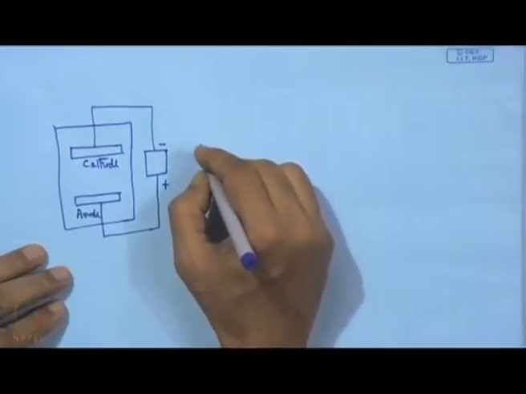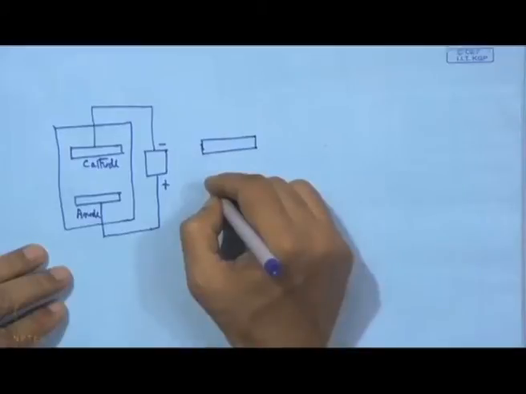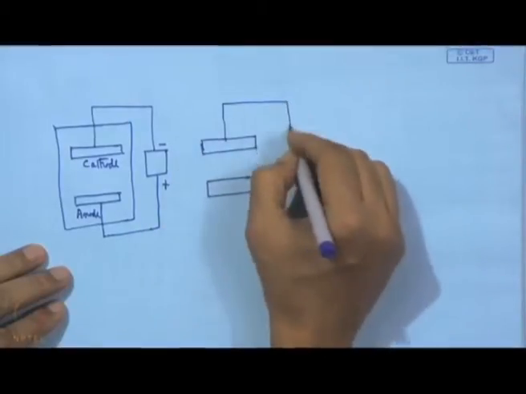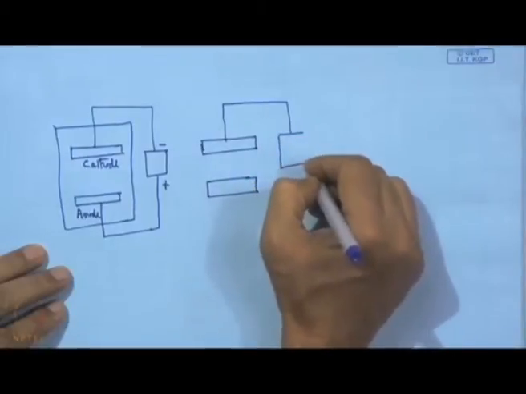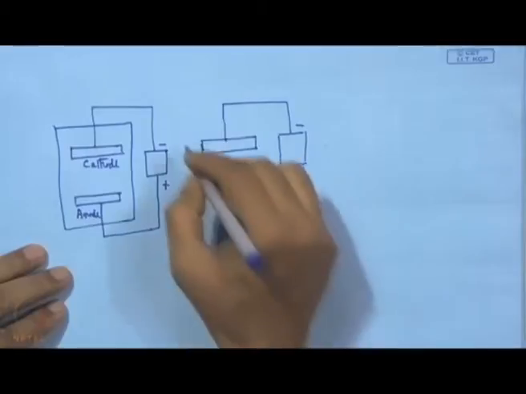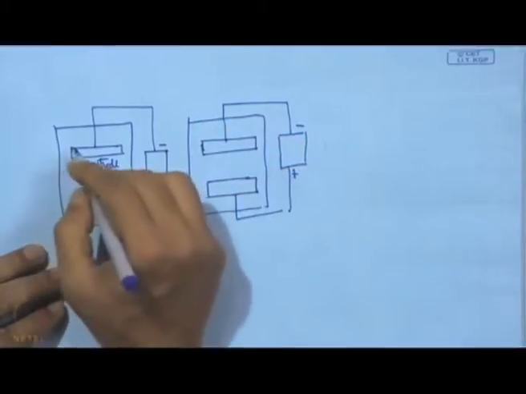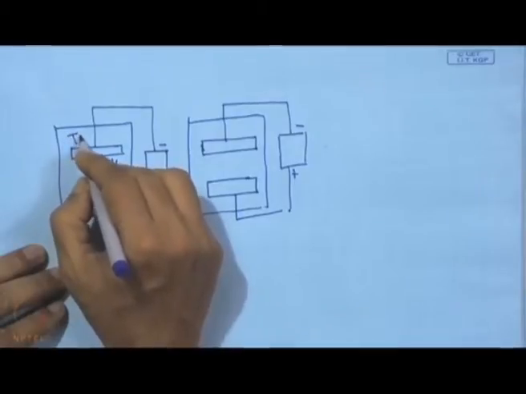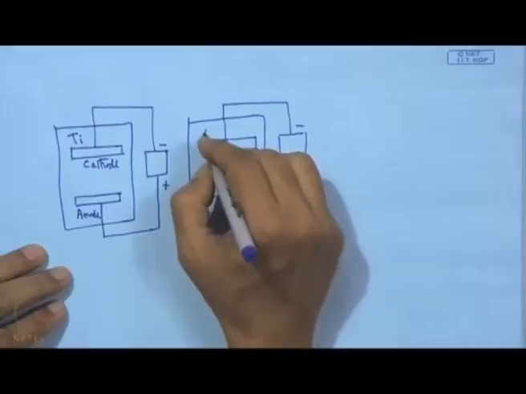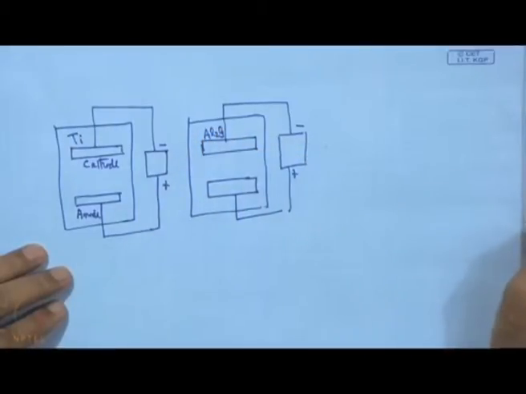However, when we have a non-conductor as the target material, say for example, titanium or aluminum is a conductor, and this is aluminum oxide, which is a non-conductor.